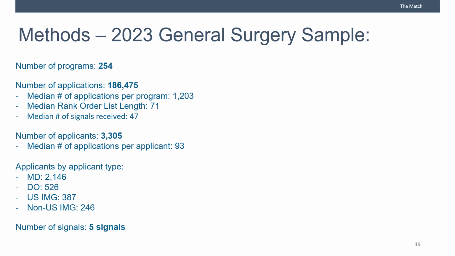Among this sample, nearly 186,000 applications were submitted by approximately 3,300 applicants, leading to programs receiving a median of nearly 1,200 applications. The median program raw length among the sample was 71. For general surgery, as a reminder, the number of signals each applicant received in both 2022 and 2023 was 5. And additionally, for purposes of these analyses, missing data is excluded.